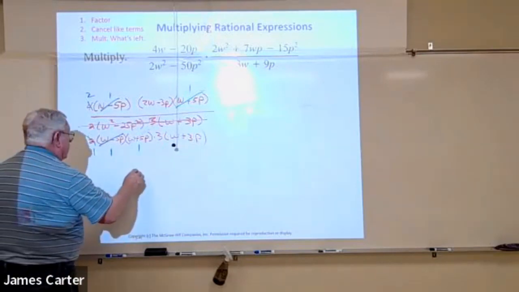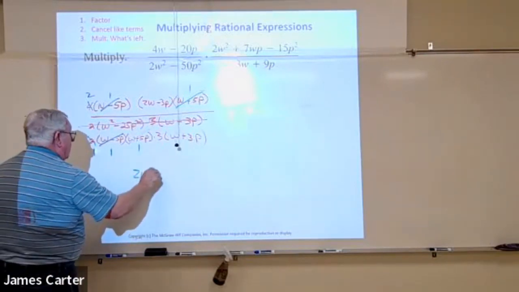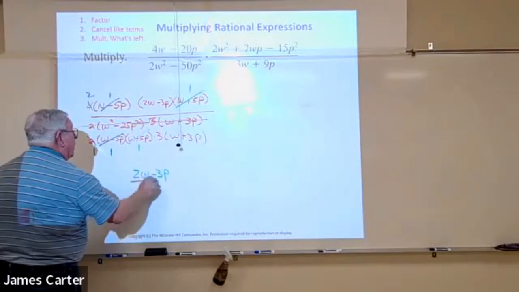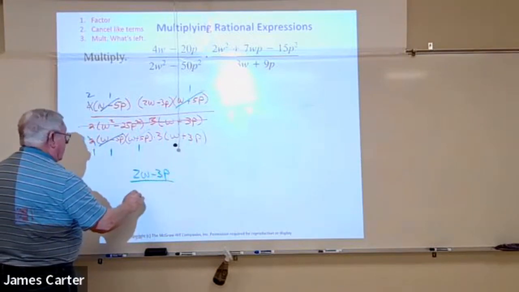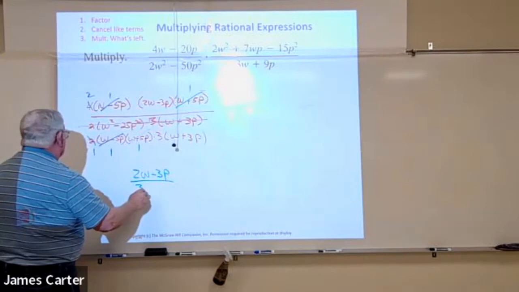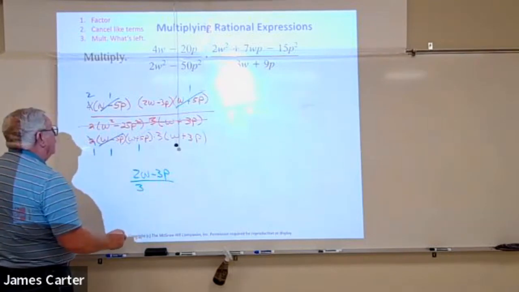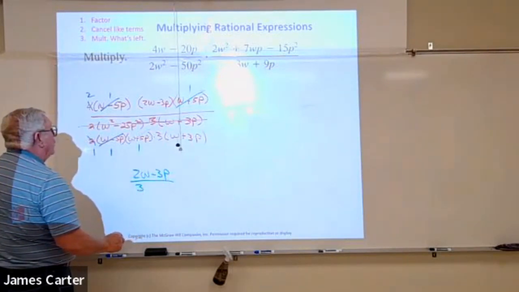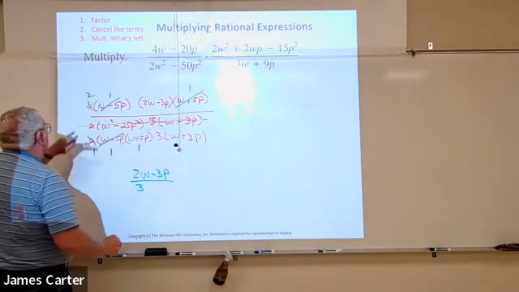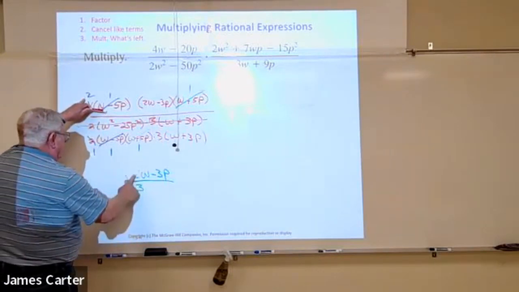So the answer then is 2W minus 3P over 2 times 2W... 3, what? 2 times 2W. We got that 2 from the 4. Oh, I've still got this 2. So this should be a 4.